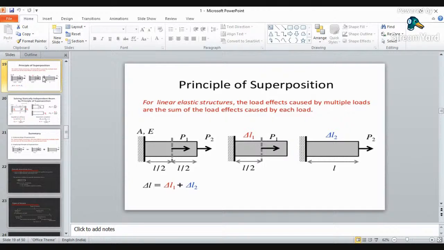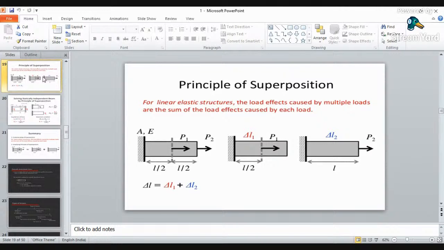Suppose you have a beam, and on that beam a loading is given, and that loading can be split into two simpler loadings. If I have a beam with a UDL and a point load, I can split that into simple beams with simple loads.